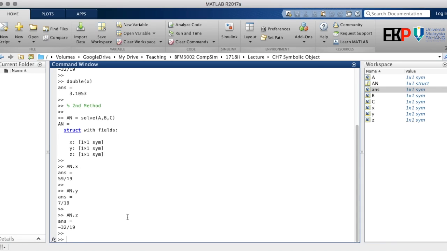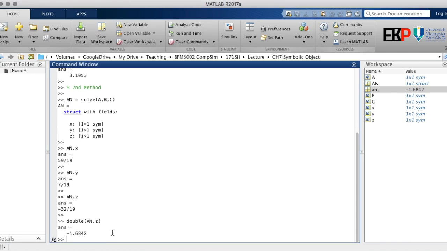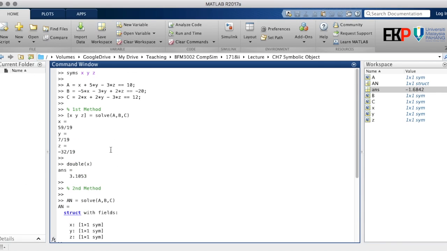And of course, if we want to know the approximated value, we can always type in double ans dot z. For example, when we press enter, we get the value of minus 32 over 19, which is minus 1.6842. So there are two methods to solve simultaneous equations in MATLAB. The first one is called the cell array method.